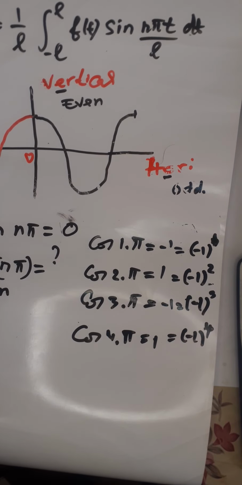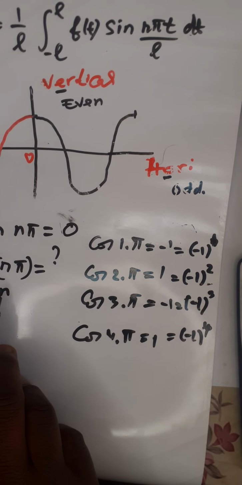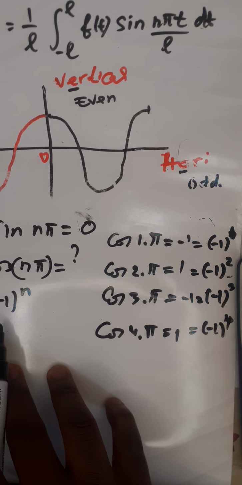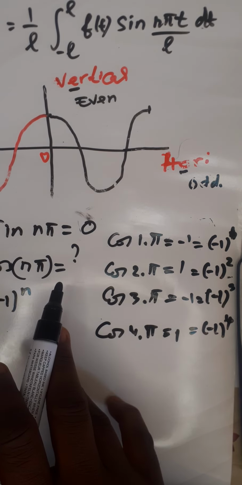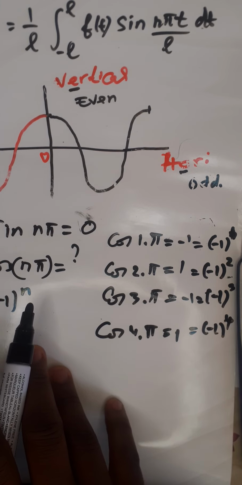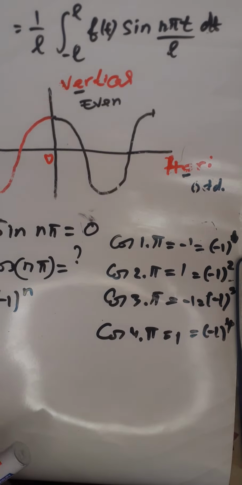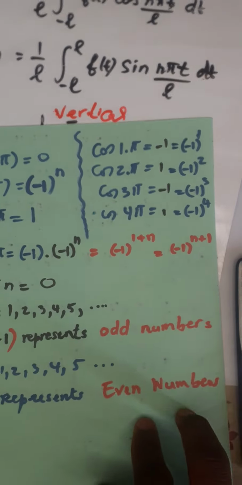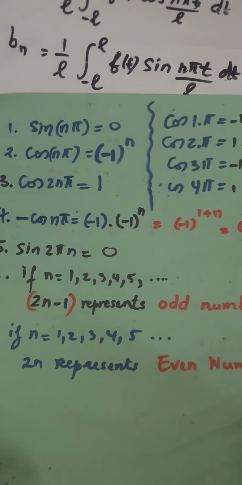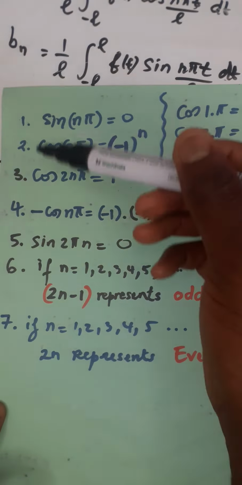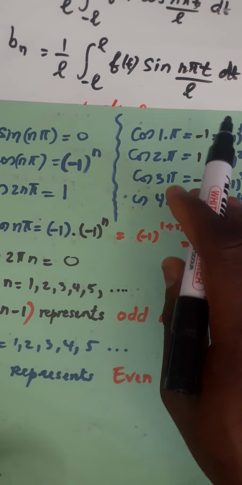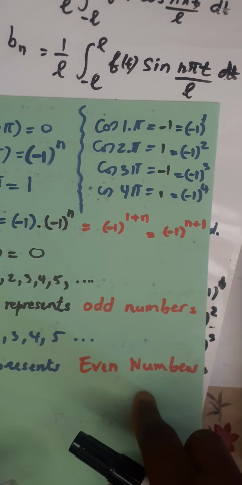Every time you see cos of n pi, you can reduce it to -1 exponent n. I want you to remember this. If you can't remember it in a test, please redo it like this with your calculator, so that you can generate your own formula.